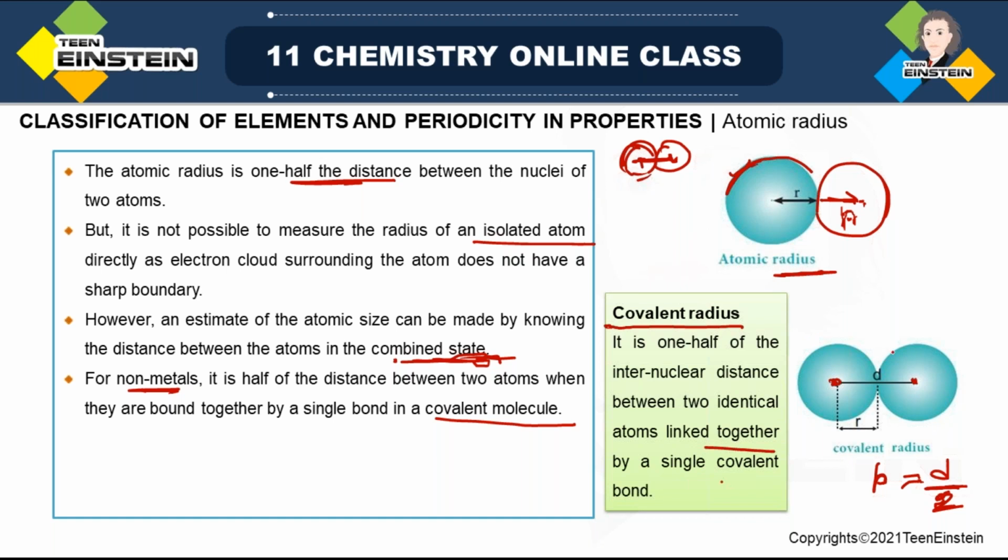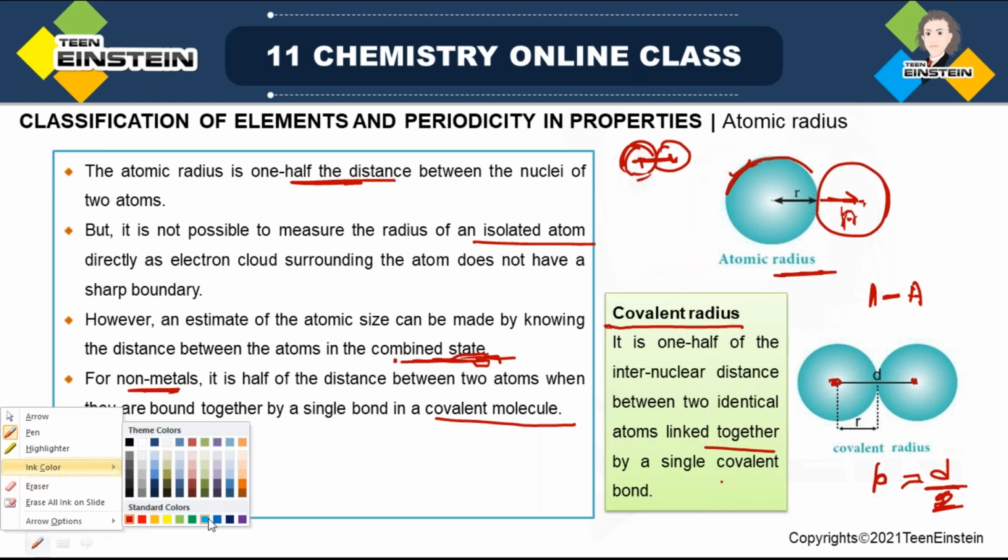And I will give you a simple idea of what a covalent bond is, though the details are present in another unit, which is chemical bonding. But if I'm giving a very simple primary idea, suppose there are two atoms A and B, and there is a single bond between them.